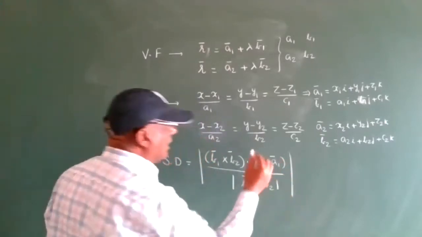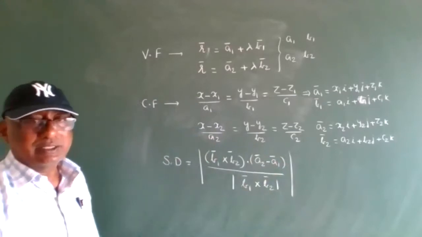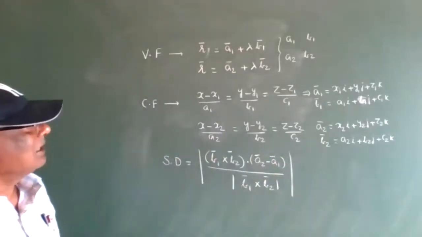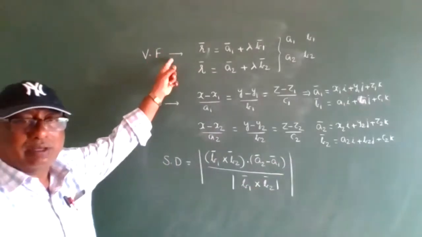This is the formula for shortest distance. So this is the vector form equation.